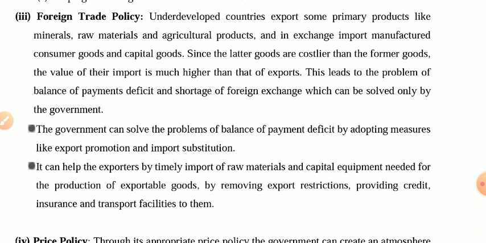Balance of payment is an accounting statement of every country. If the balance of payment situation is not good in the country, then there is a deficit or surplus balance of payment.